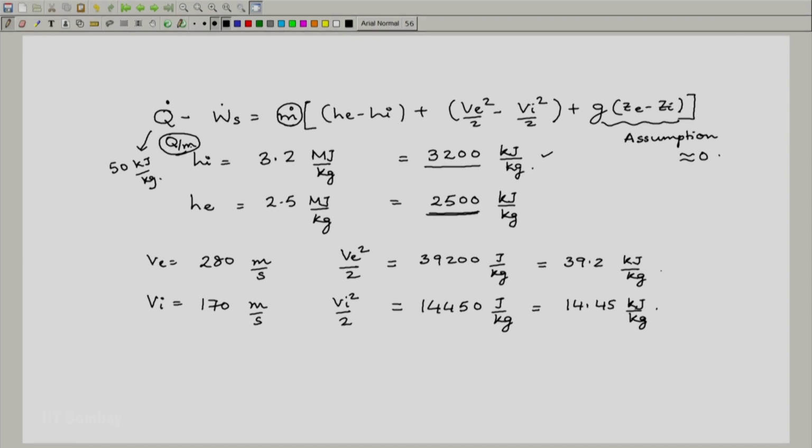So let me write the equation in terms of Q dot by m dot and Ws dot by m dot, just by dividing the whole equation by m dot. Let us see how it turns out. We have the first law written as Q dot by m dot. This is because we have divided the entire equation by m dot. The right hand side has no m dot, it just has He minus Hi plus Ve squared by 2 minus Vi squared by 2.